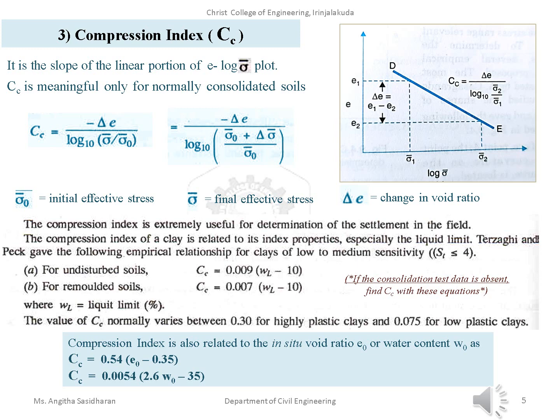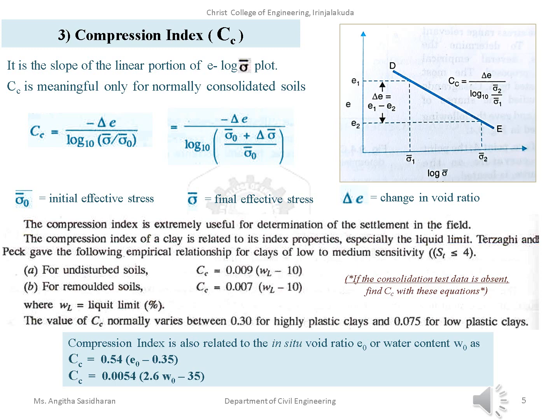In that reloading part, we get another linear portion towards the end, which can also be called a virgin compression curve, where the soil is experiencing a pressure which is new to it, a new pressure that the soil experiences in its lifetime.